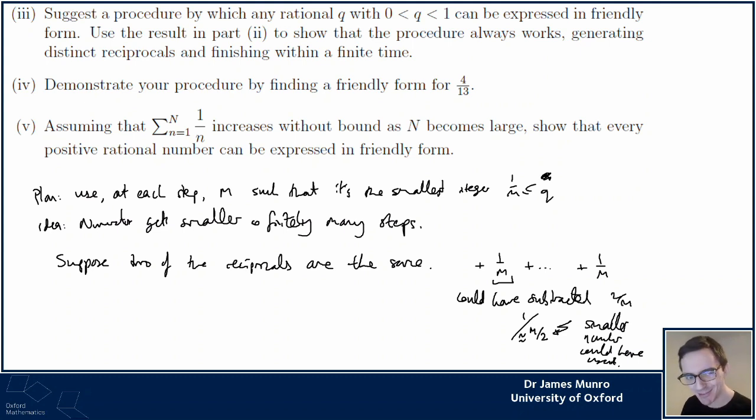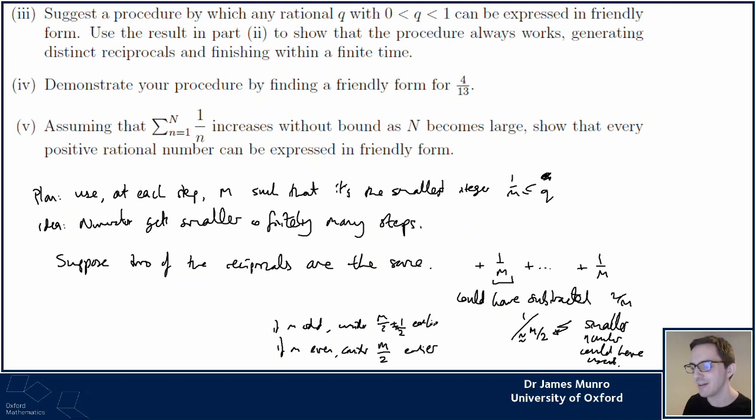Need to tidy this up a little bit, of course. I need, roughly, m over 2. I'm being a bit cautious because what if m's odd? If m is even, consider m over 2 earlier. If m is odd, consider m plus 1 over 2 earlier. Is that actually less than m?